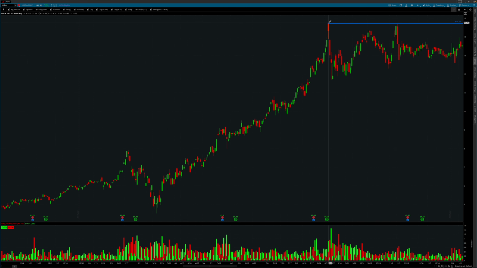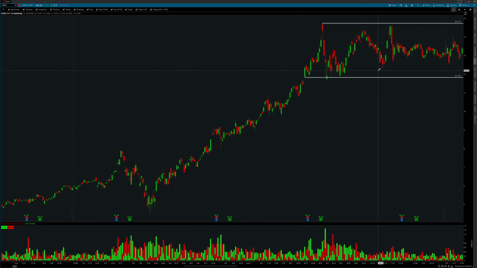We can mark this, it doesn't need to be perfect. You can see that there's some resistance here. It's not perfect, but we'll mark that top. And you can see that there's some support here. This one's probably pretty good.